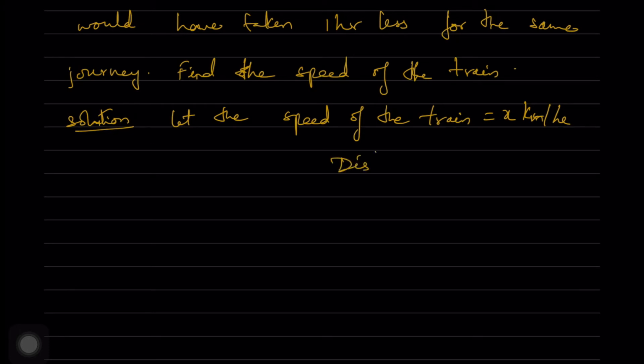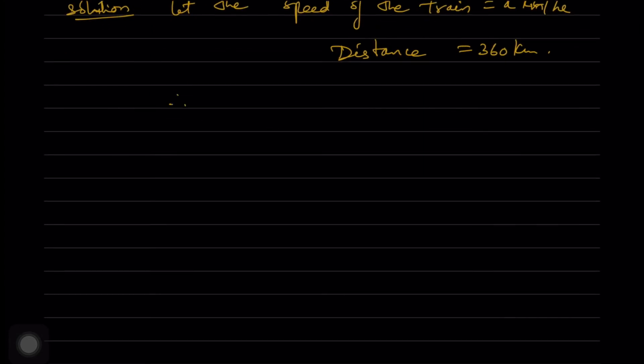Distance is equal to 360 kilometers. Therefore, time taken to cover 360 kilometers is equal to 360 by x hours.